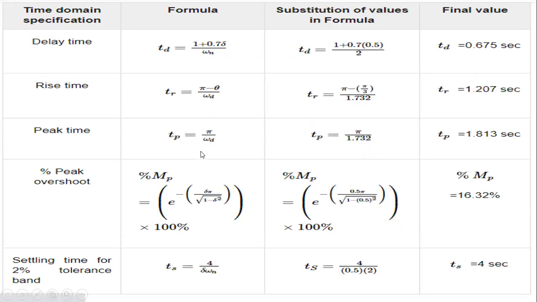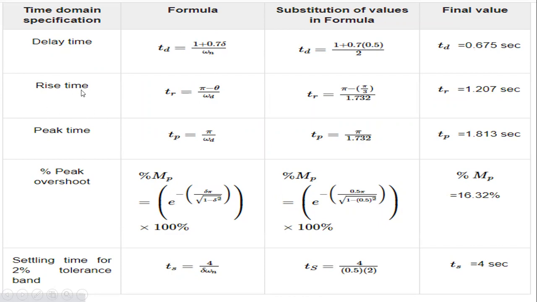Then we substitute these for the given time domain specifications. For delay time, the formula is TD equals (1 plus 0.7 delta) by omega n, where delta is the damping ratio and omega n is the natural frequency. Substituting, (1 plus 0.7 into 0.5) by 2, the final value of TD is 0.675 seconds.